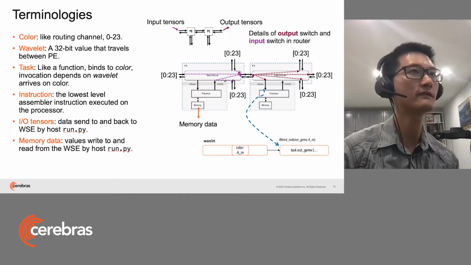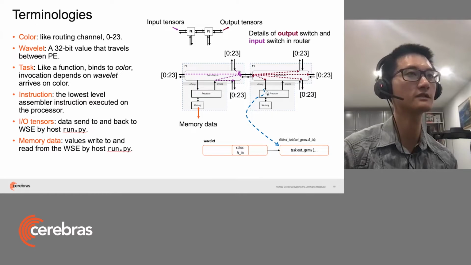Here I've shown a very simple diagram of a router that has inputs from all four cardinal directions, as well as the processing element, and it can output to all 4 cardinal directions or to the processing element. When it enters the compute engine, it will trigger a task.